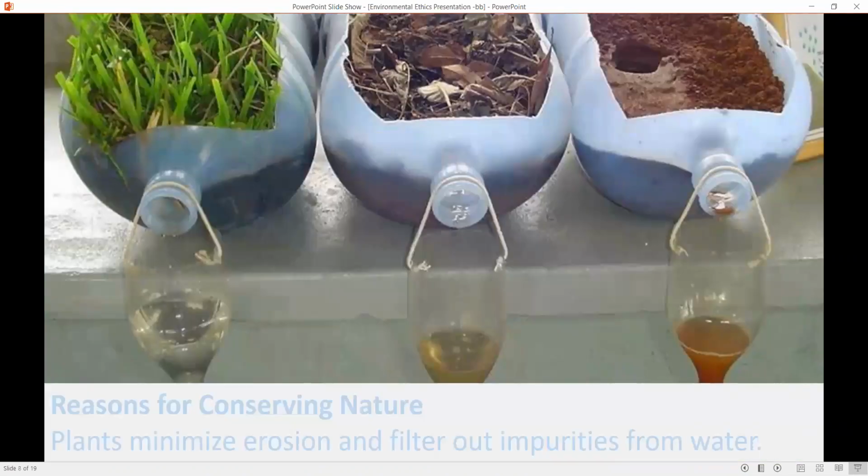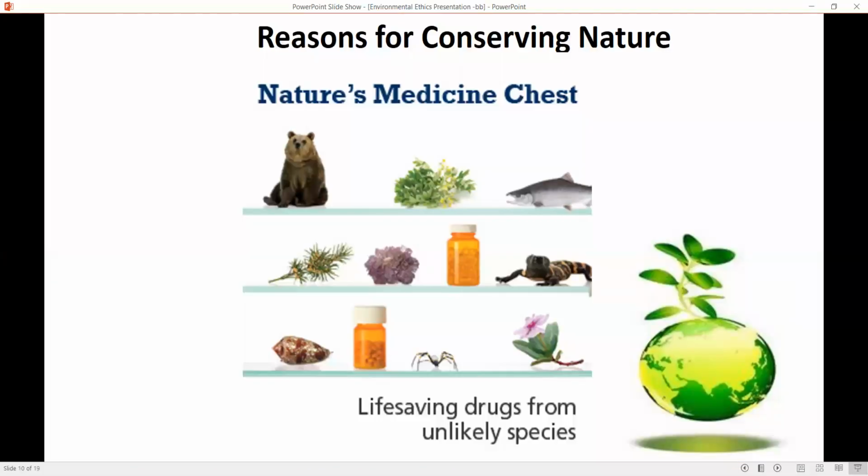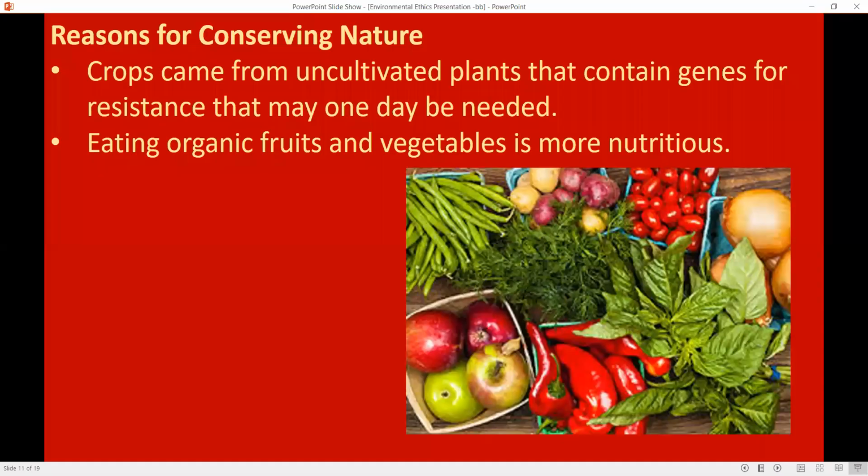Plants minimize erosion and filter out impurities from the water. Trees are homes to millions of species. Nature still contains unknown life-saving drugs. Crops came from uncultivated plants that contain genes for resistance that may one day be needed.